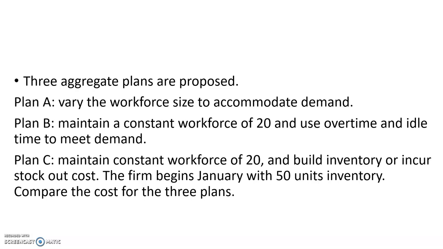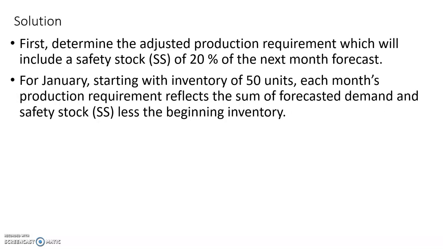And Plan C, maintain a constant workforce of 20 and build inventory or incur stock out costs. As we know, the firm's beginning inventory for January is 50 units. Now we compare the 3 costs and find out the best plan.